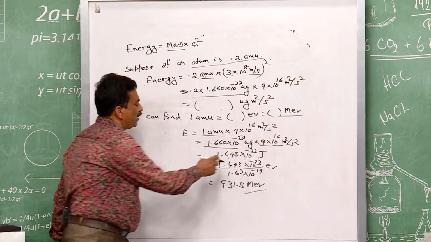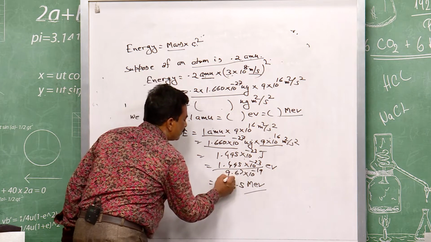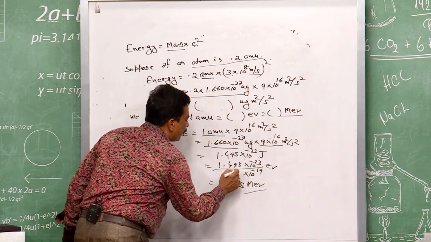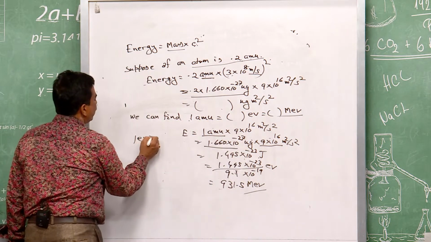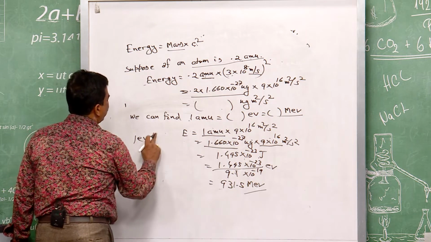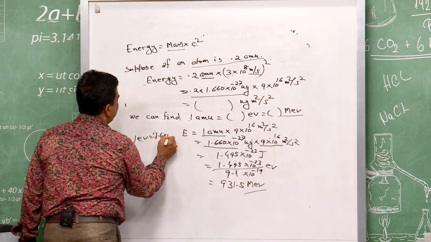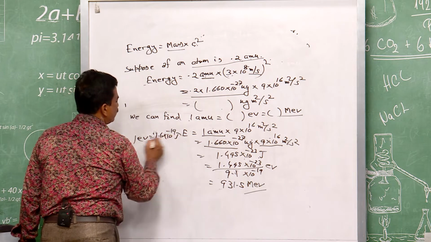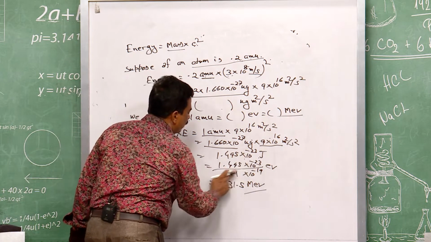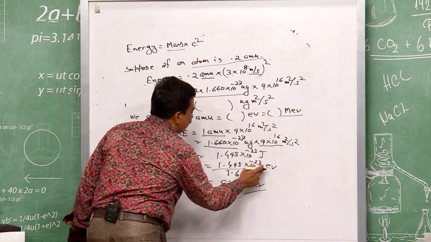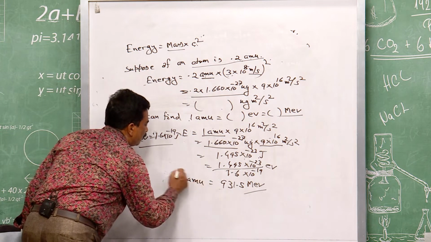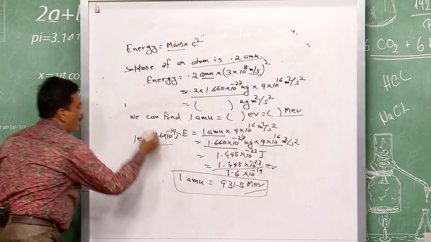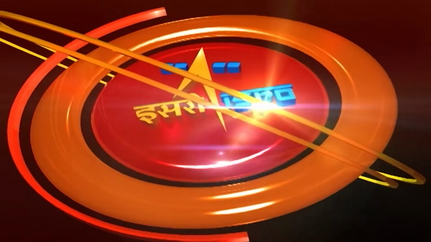We divided by this much because 1 eV is equal to 1.6 into 10 to the power of minus 19 joule. So 1 amu is equal to this much.